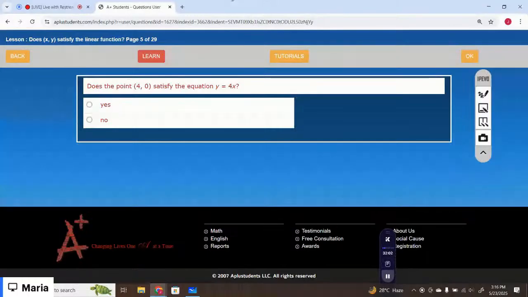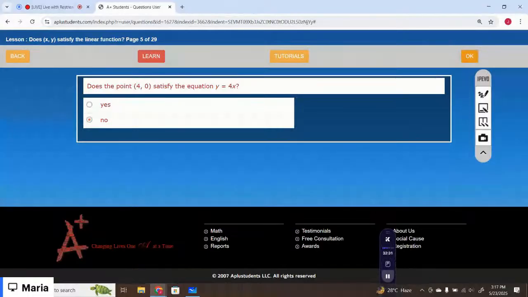Does the point (4, 0) satisfy the equation y equals x? Here x is 4 and y is 0. No, that is not a solution.